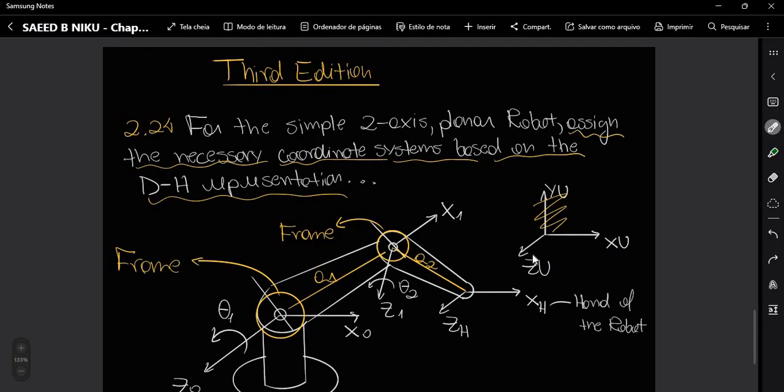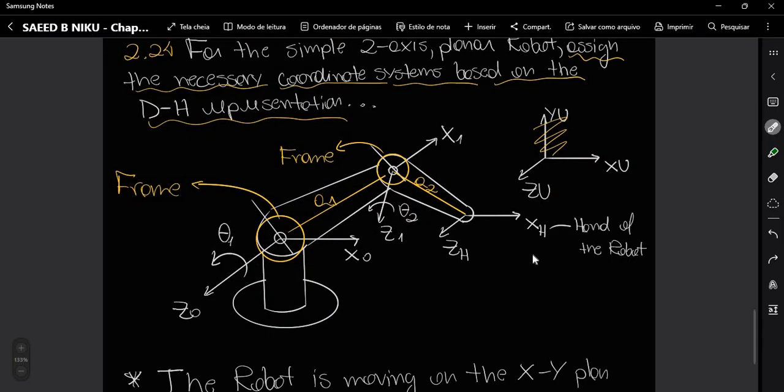For that we also use this universal reference frame. With it, further on we will see that we are able to use some metric, let's say inches or centimeters, to measure in terms of space.